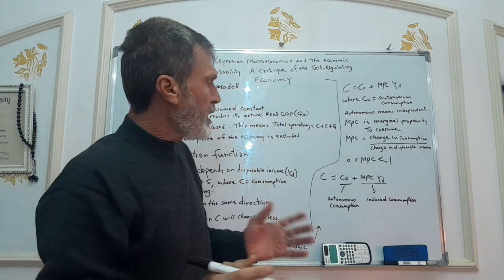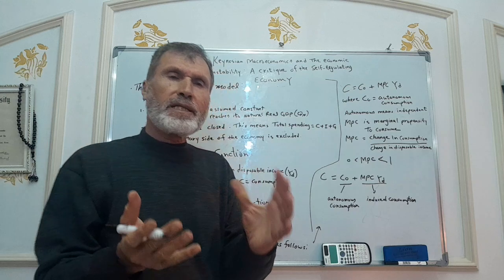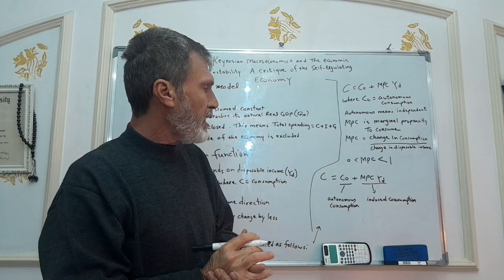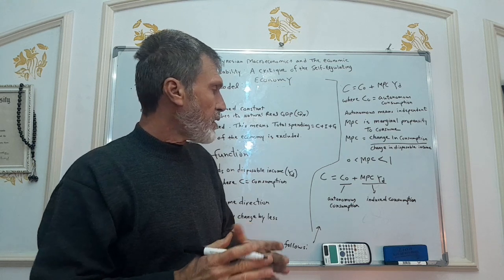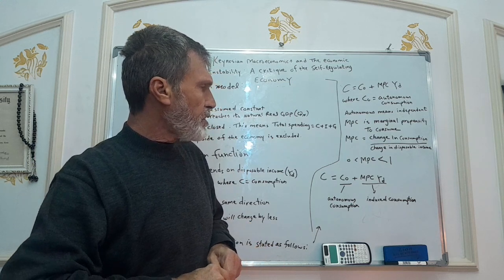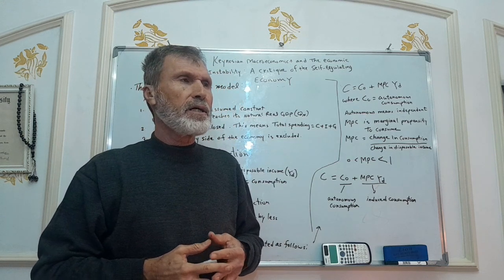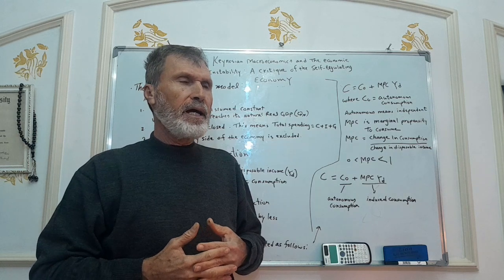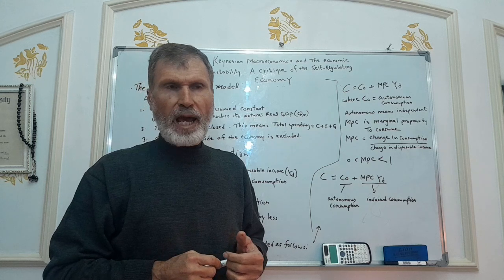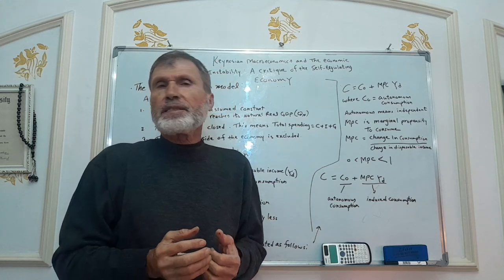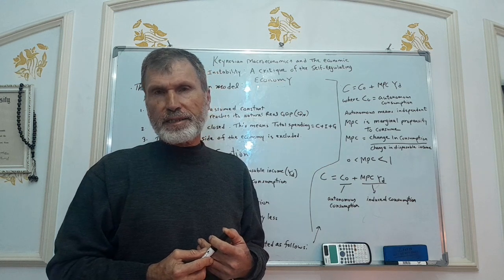Let us differentiate between these two terms. Let's give an example to explain what induced consumption means and what autonomous consumption means. Induced consumption: let's say the taxes that you pay have decreased. The tax rate has gone down. As a result of a decrease in taxes, your disposable income will increase.